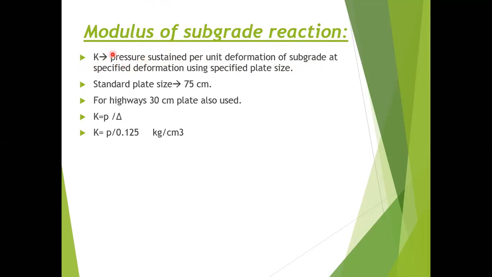It is the pressure sustained per unit deformation of the subgrade at specified deformation using the specified plate size. The plate size may be 30 centimeter diameter, or 45 centimeter, or 60 centimeter, or 75 centimeter. Usually the standard plate size is 75 centimeter.